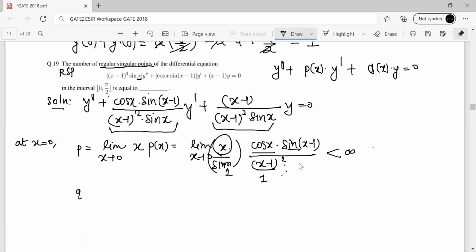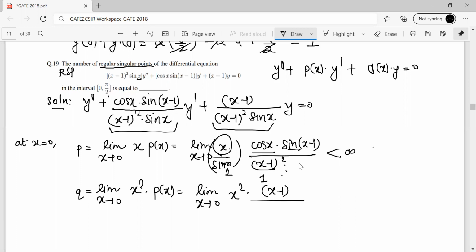And now I need to find out q also. So q will be limit x tends to 0, x square into p of x. So x square into (x minus 1) over (x minus 1) square into sine x. Now this x minus 1 and this x minus 1 will get cancelled, and this is x square.